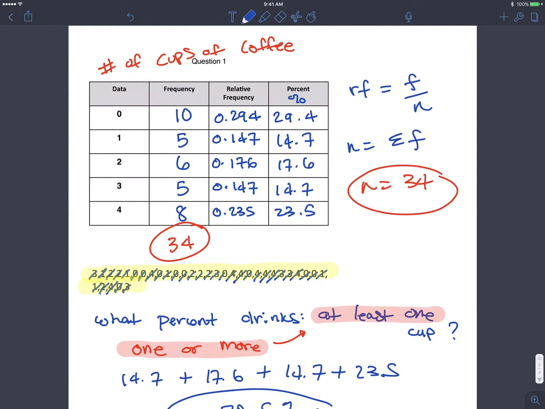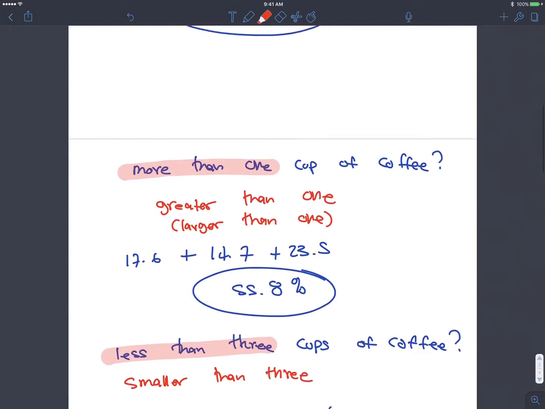Okay, looks like we're good. Let's consider the data values between 1 and 3: 1, 2, 3. We include 1 and we include the 3. So we're going to add percentages associated with those data values: 14.7, 17.6, 14.7.